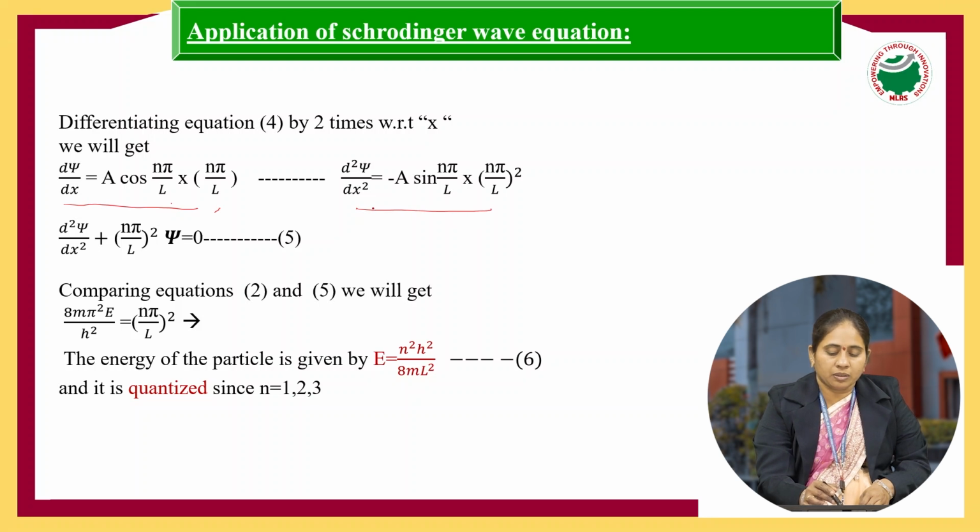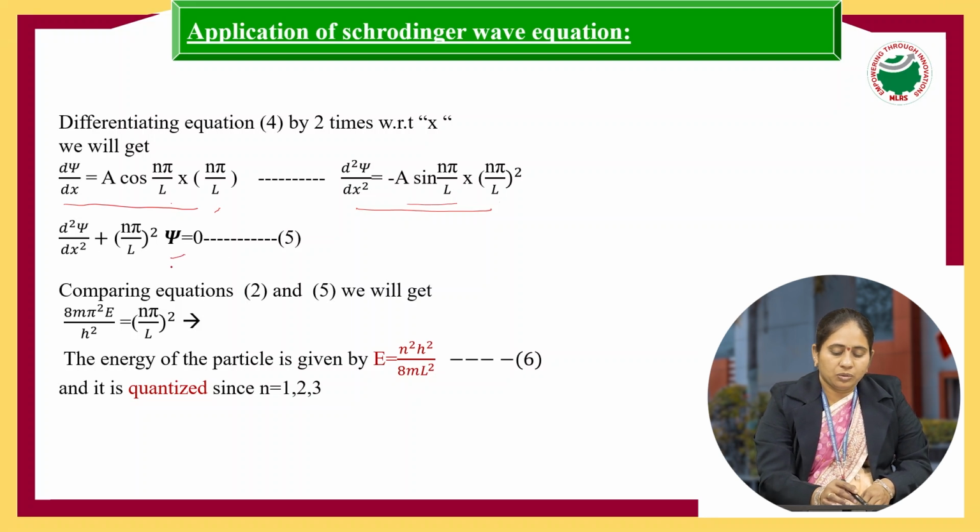Then you will get d square psi by dx square. Cos theta differentiation is minus sin theta, so minus A sin (n pi by L) x into again n pi by L, that is (n pi by L) whole square. And now A sin (n pi by L) x becomes psi.